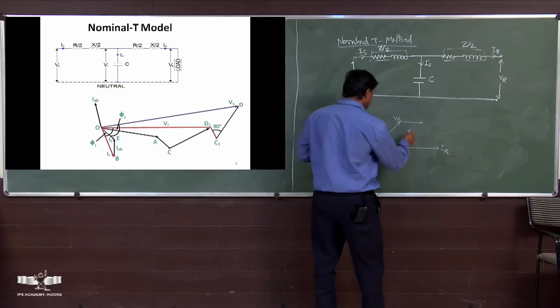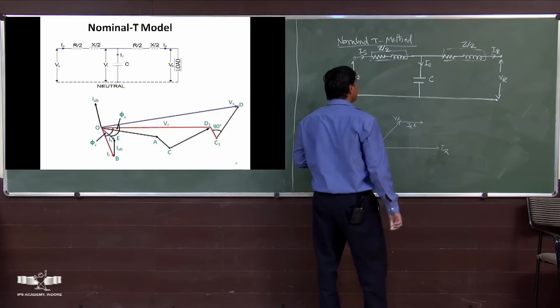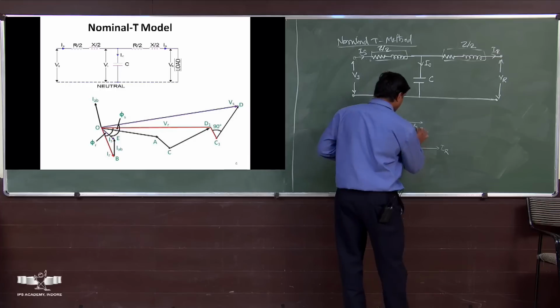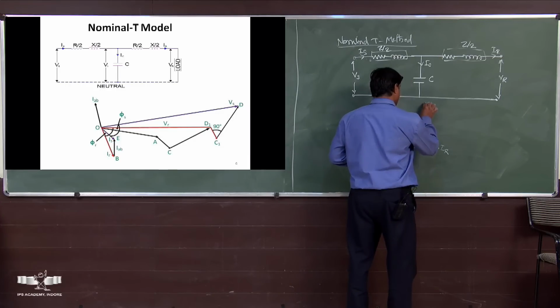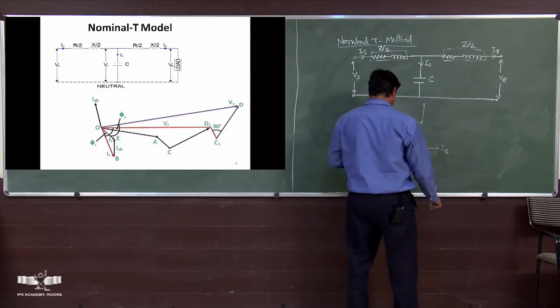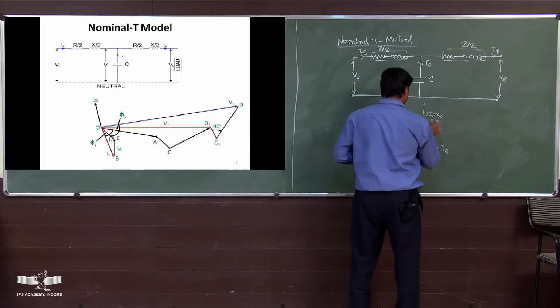We add the drop IR into R, and j IR X by 2, to VR.